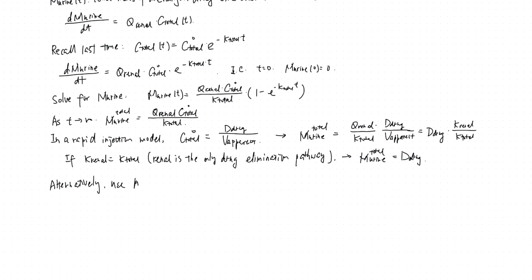Recall last time we derived that the area under the curve from 0 to infinity equals the dose divided by Q plasma.